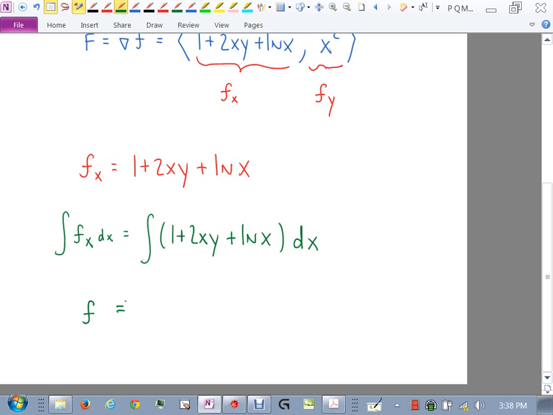Now on the right side, I integrate this term by term with respect to x, treating y like a constant. So this is kind of like the double integrals, triple integrals we did, where we're integrating the inner one, and we would just be treating y like a constant. So what's the antiderivative of 1 with respect to x? X. Antiderivative of 2xy with respect to x. X squared y. Antiderivative of natural log x.